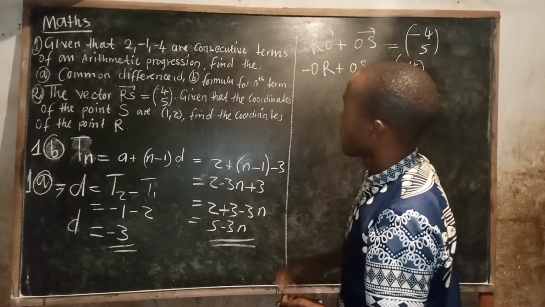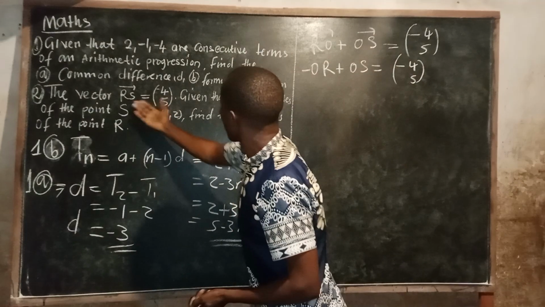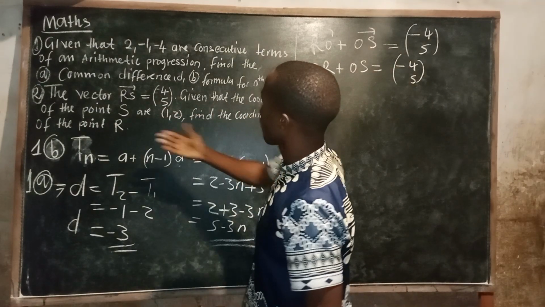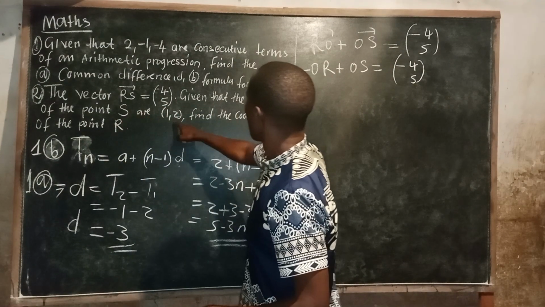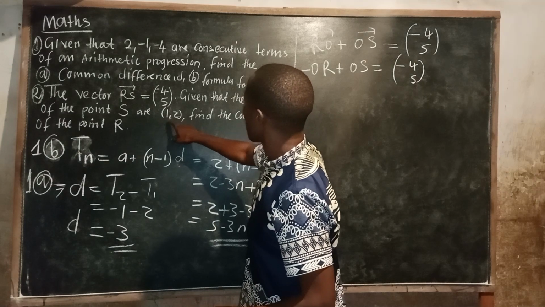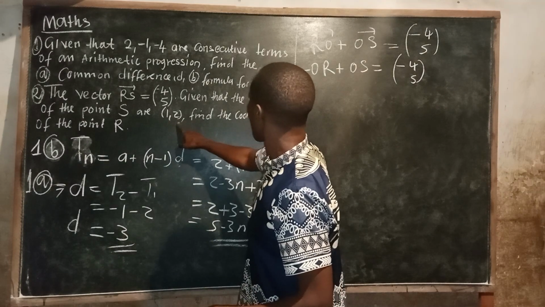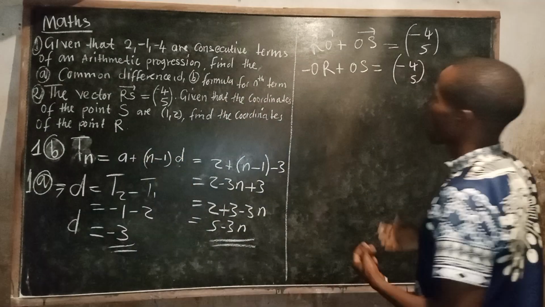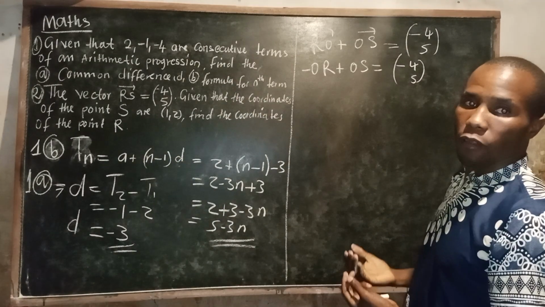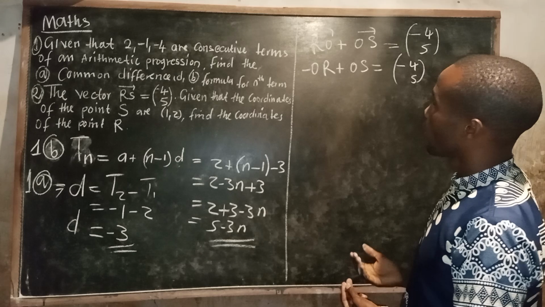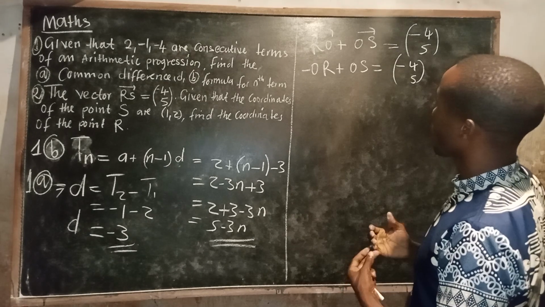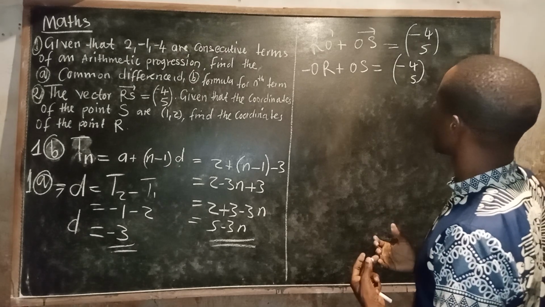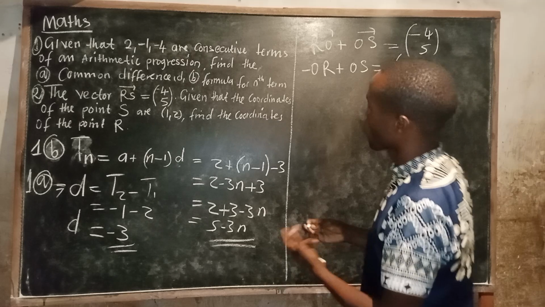Remember, here the question says we are given this, then given that the coordinates of the point S are (1, 2). Find the coordinates of the point R. So we are given the coordinates for the point S, and we are going to substitute following that.